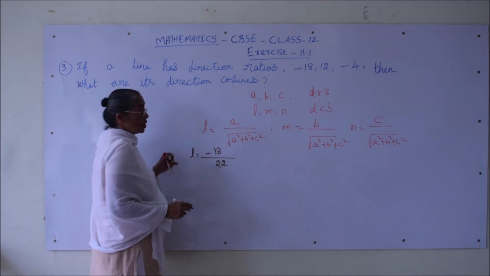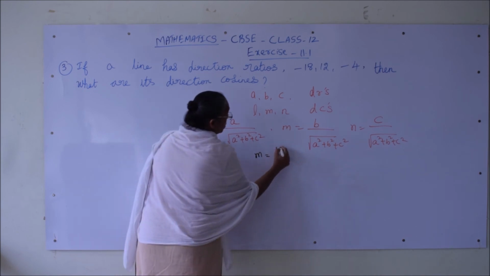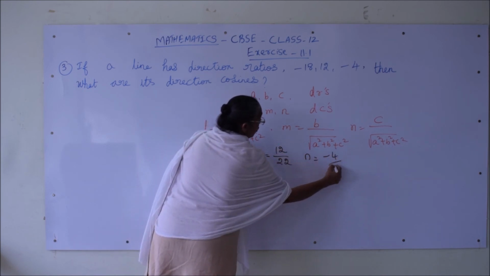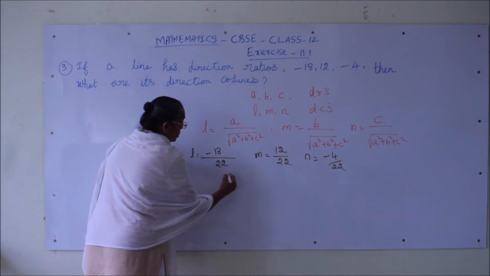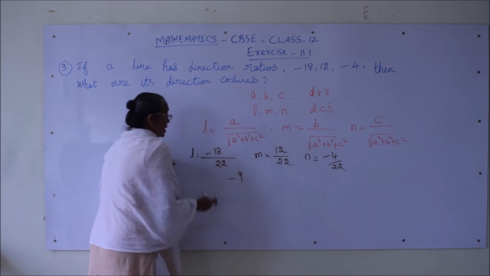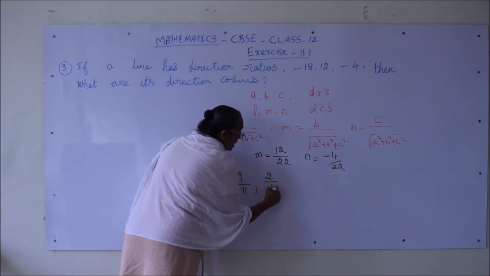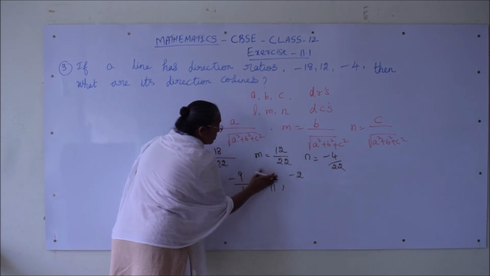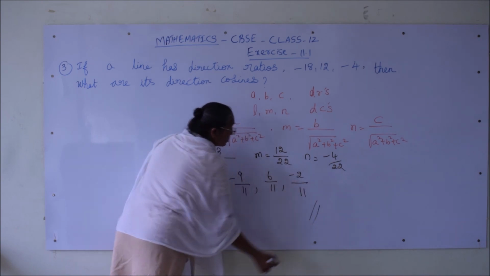So, L is minus 18 by 22, M is 12 by 22 and N is minus 4 by 22. After simplification, the direction cosines are minus 9 by 11, 6 by 11 and minus 2 by 11.